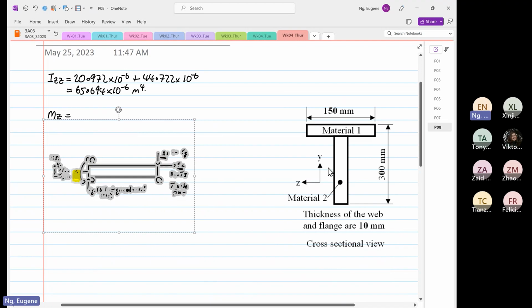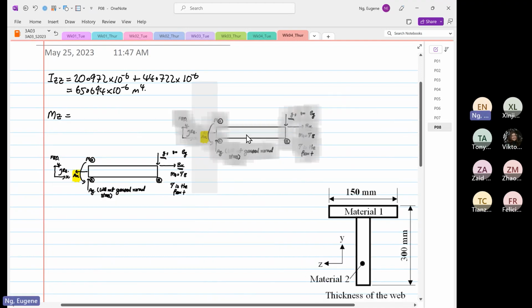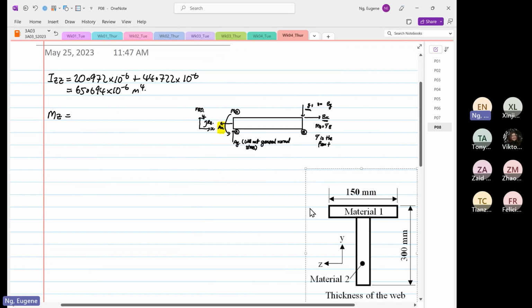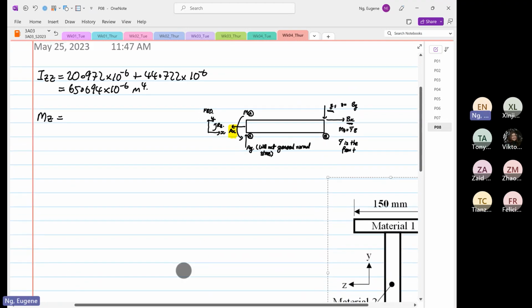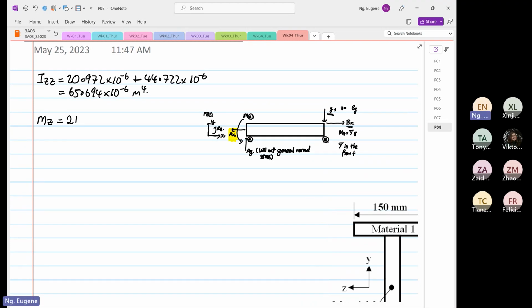So we need this to determine our moment in Z, right? So we know that we have our By. So remember we wrote twice By, right? And because they are both going in the same direction, this is going in a clockwise direction relative to the centroid. This will also be going in the clockwise direction.